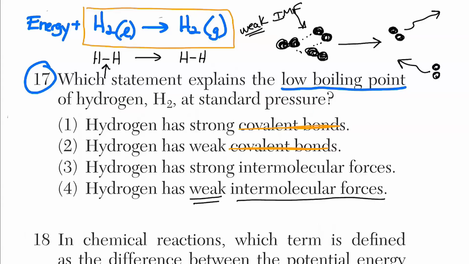We're breaking intermolecular forces, which, by the way, are always weaker than bonds. Never mention bonds breaking during a phase change. Why? Because we're not making a new substance, because we're not breaking bonds and reforming a new one. So you should also know that low boiling points always have weak intermolecular forces.